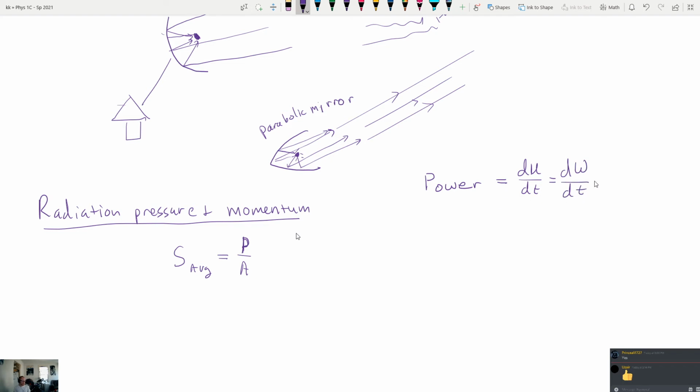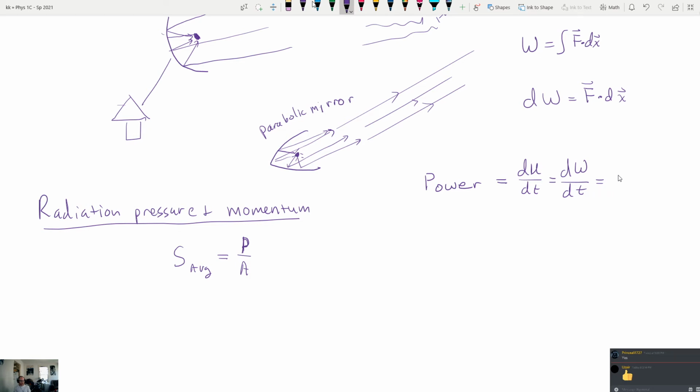But there was another way that you could define it, based on the idea that dW is basically the same thing as F dot dx. Sorry, not F dot dV, F dot dx. Because that's how work is defined, right? Work is equal to the integral of F dot dx, so dW would just be F dx.